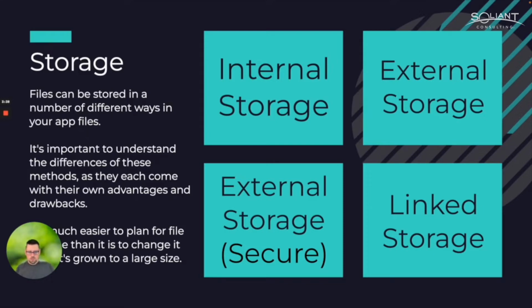So let's talk about these 4 blocks that I have up here on the screen. First off is your standard internal storage. When you create a container file or a container field in a FileMaker database, it defaults to internal storage. That's where it's going to store your container fields within the .fmp12 structure itself.